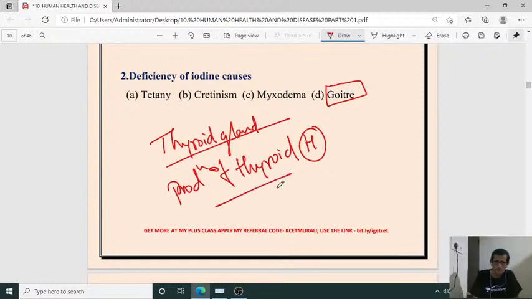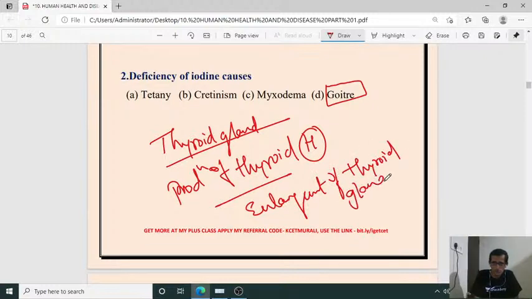And also here we can observe enlargement of the thyroid gland. Enlargement of the thyroid gland will be there. That is nothing but goiter.